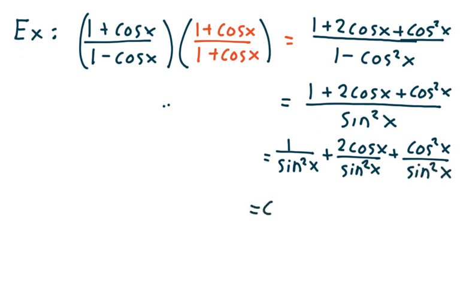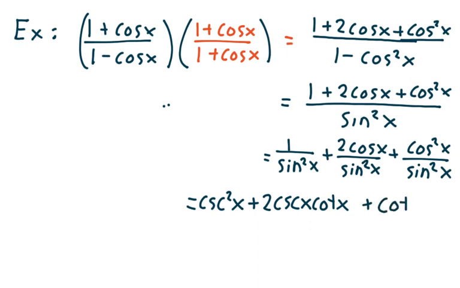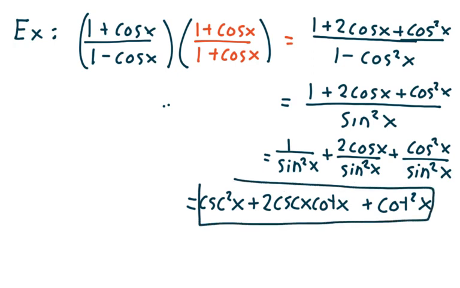And so this is cosecant squared x plus 2 cosecant x cotangent x, we've already established that, plus cotangent squared x. This is the form you want to be able to rewrite 1 plus cosine x over 1 minus cosine x into. So that's a very important idea.